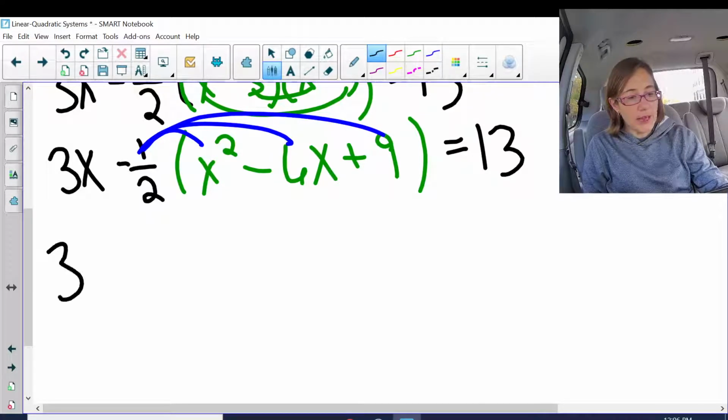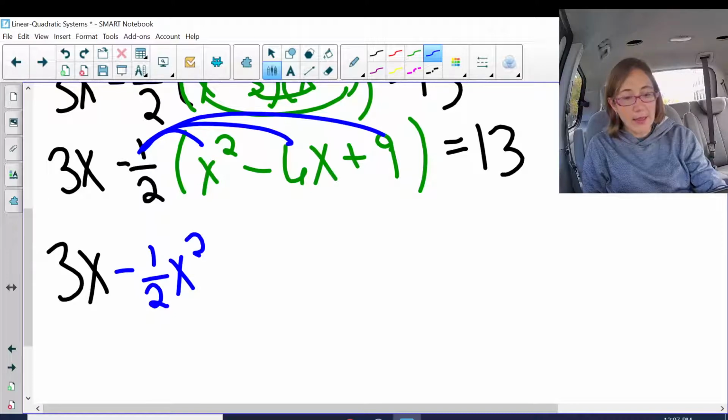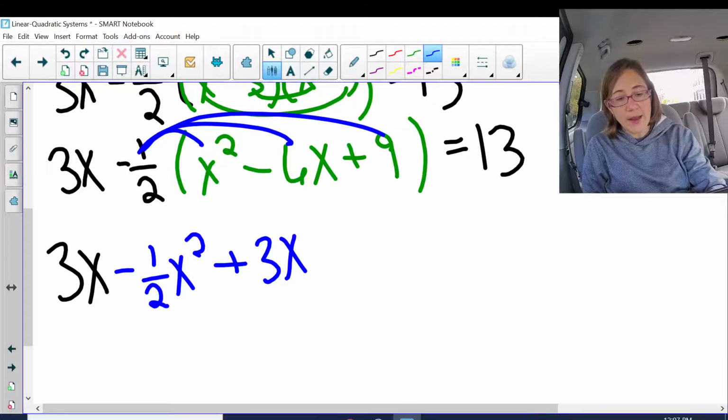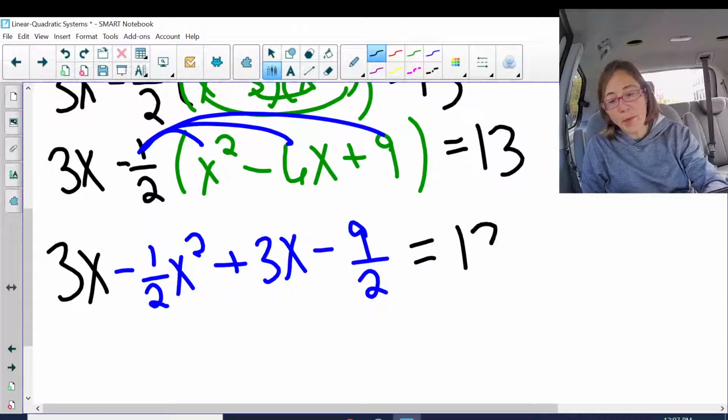So I'm going to have 3x and then it'll be minus 1/2 x squared, and then the negative times negative will make it a plus 3x. Half of 6 is 3. And then if I take the negative 1/2 times that 9, I'm going to have negative 9/2. Yes, you could put 4.5. Those are all equivalent. I like the improper form better.